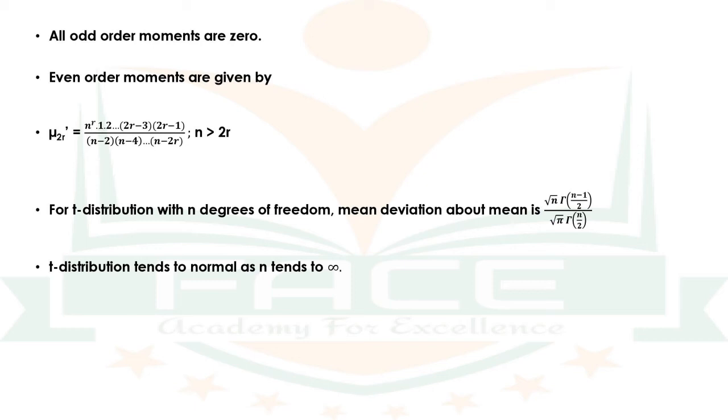And the third property is, for t distribution with n degrees of freedom, the mean deviation about mean is square root of n into gamma of n minus 1 by 2 divided by square root of pi into gamma n by 2. And the fourth property is, t distribution tends to normal as n tends to infinity.